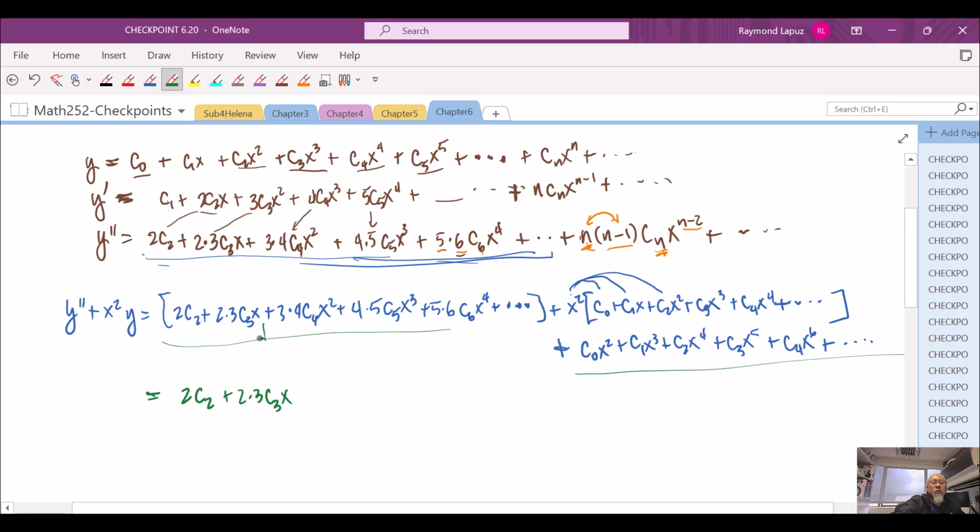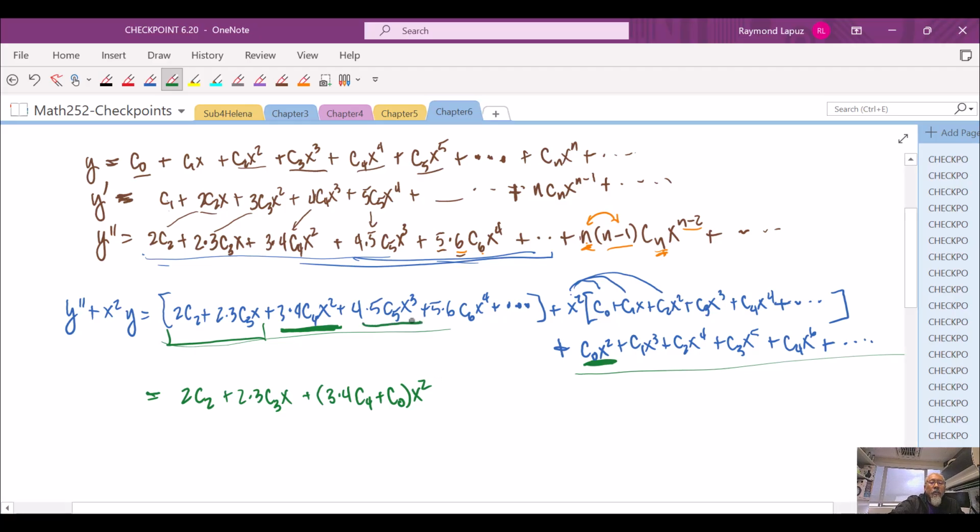And so once I get those two terms out of the way, I can now begin matching up like terms. So I see the quadratic term here, the term with an x squared. I'll put those two together. I'll have 3 times 4c sub 4, and then I'll add a plus c sub 0, and then all that is going to be multiplied by x squared, so I'll pretend to factor out an x squared.